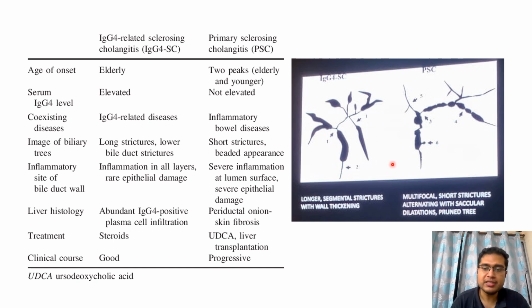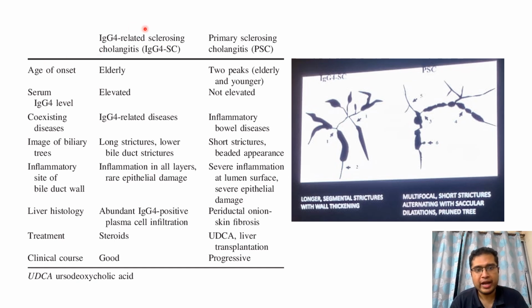While in primary sclerosing cholangitis, there are multifocal short strictures with alternating saccular dilatation and a pruned tree appearance, with narrowing of the ducts peripherally. These are the other differences.